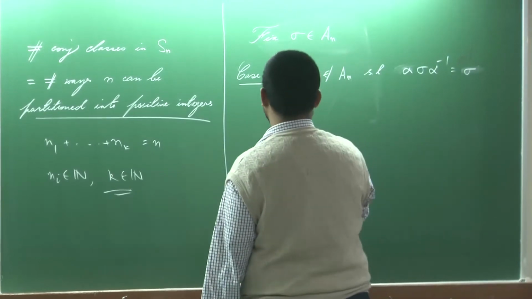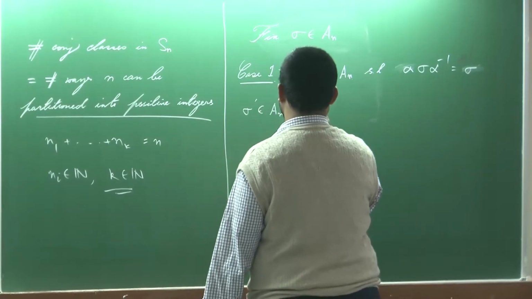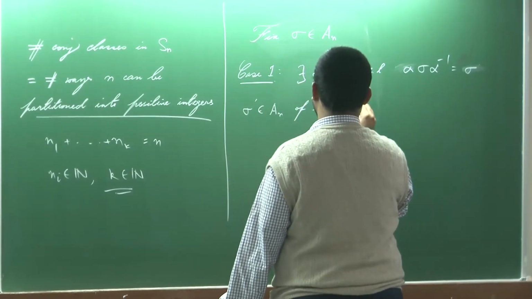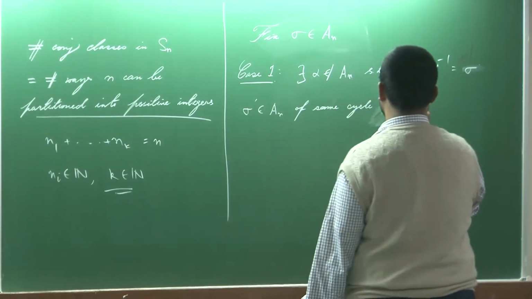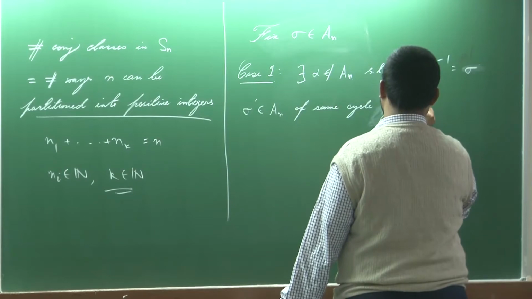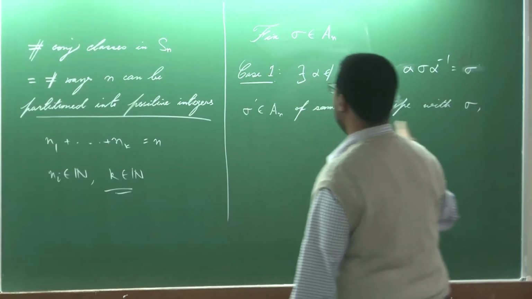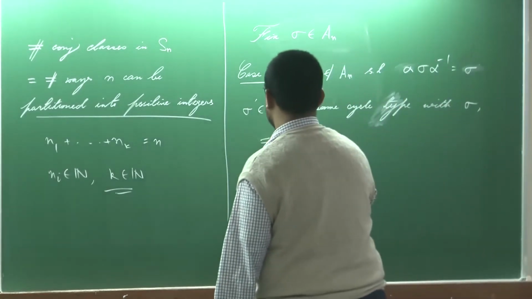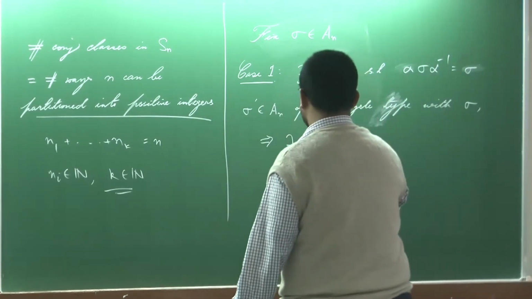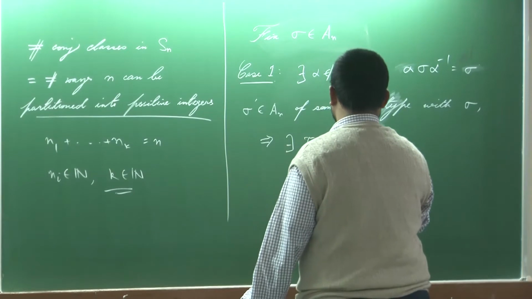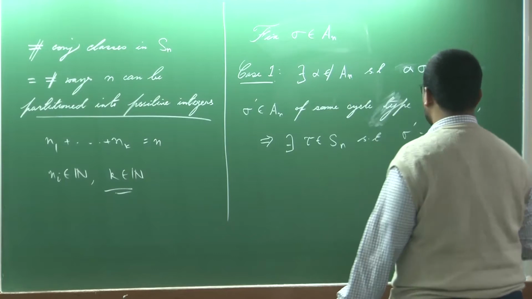If this is the case, then for any sigma prime belonging to An of the same cycle type as sigma, since they are of the same cycle type, we know that there exists tau in Sn such that sigma prime is tau sigma tau inverse.